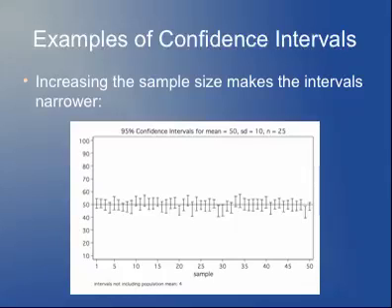If we want to be more certain that we captured the true mean, you can make your confidence intervals wider and do 99% confidence intervals rather than 95%. But you can't increase the likelihood of your confidence interval containing the true mean just by increasing your sample size.